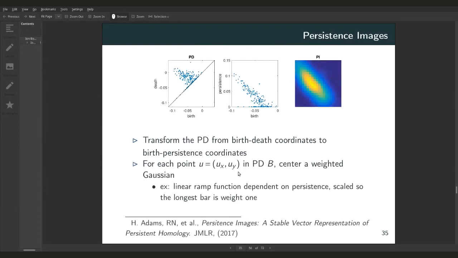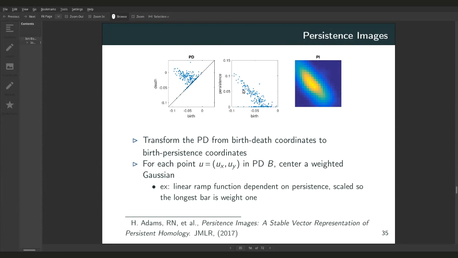Something else that we need here is, once we have a persistence diagram that's encoding all of this structure, the structure is more rich, and so we want to be able to do something with that structure, so we're going to use persistence images. For persistence images, we take a persistence diagram and transform it into birth-persistence coordinates.